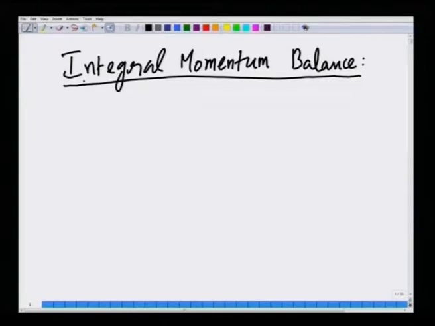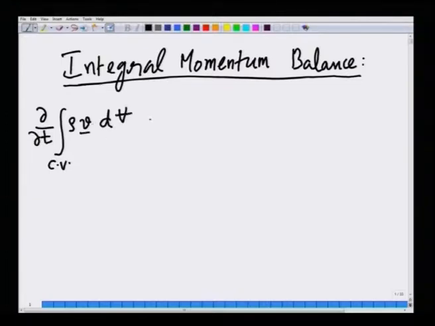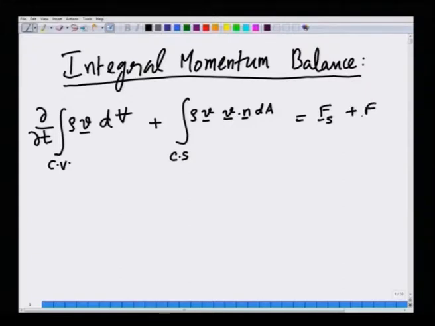Before we do that, let me first write down the integral momentum balance for your convenience. The integral momentum balance for a control volume takes the following form. This is the time rate of change of momentum present in the control volume, plus integral rho v dot n dA over the control surface, equal to the sum of all the surface forces and body forces present in the control volume.